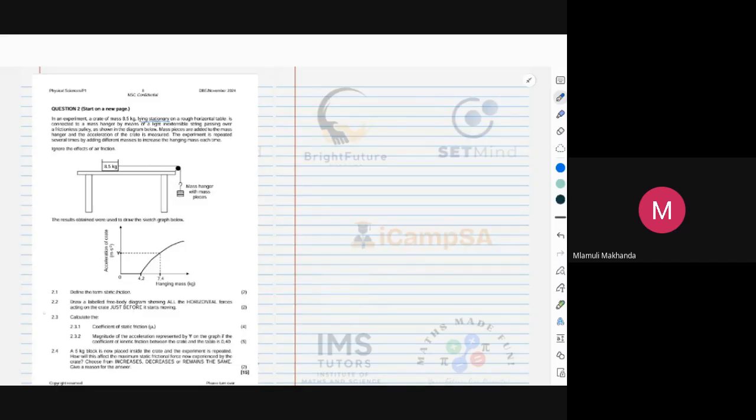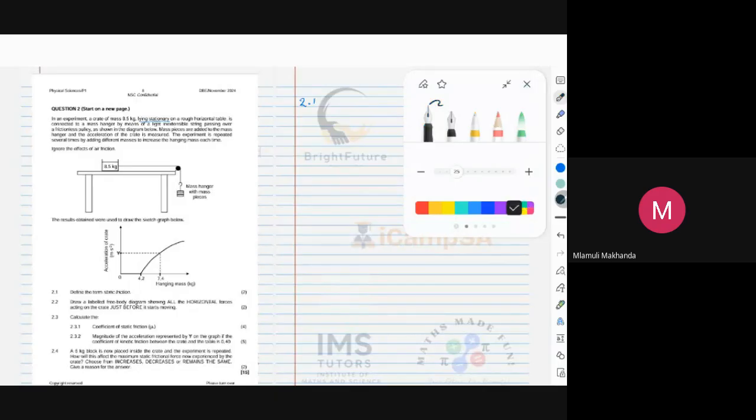So now what they want from us is to define static friction. So this is stationary. Do you know what is static friction? Does everyone know what is static friction? Right? So if you check your exam guideline, I think they have definitions there.